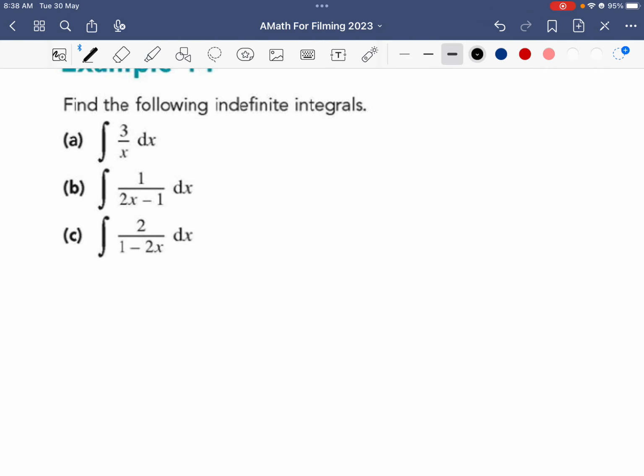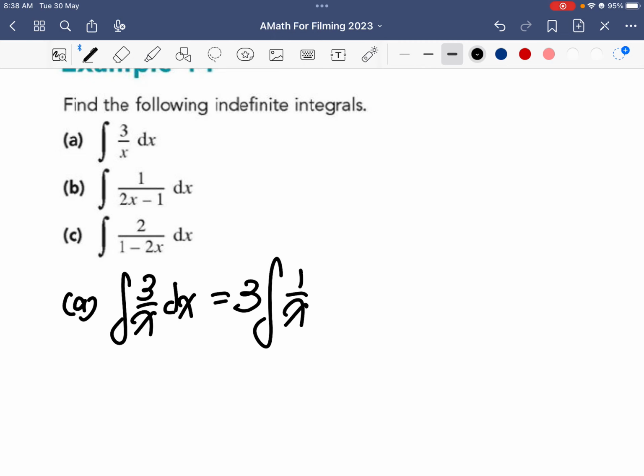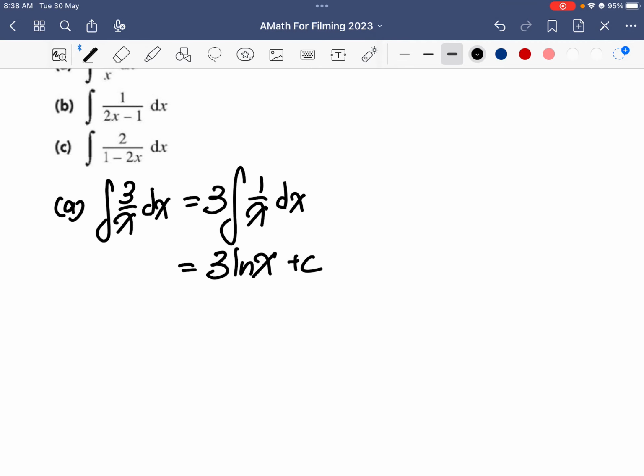Not to worry, I can show you an example now. So for example 14, quite simple here. If you have the integral of 3 over x dx, you factorize out the 3, you get 1 over x. Then integration of 1 over x, use ln x. So I get 3 ln x plus c.